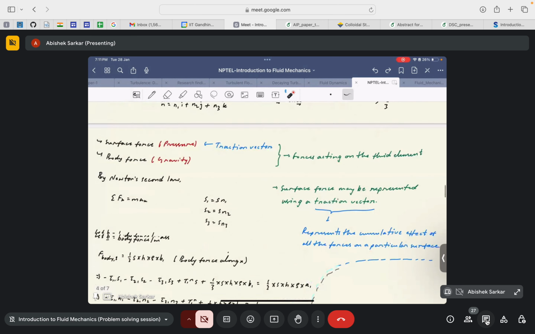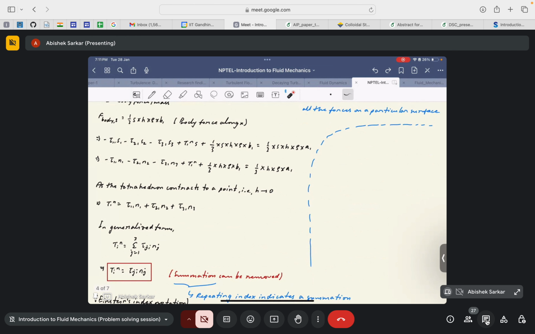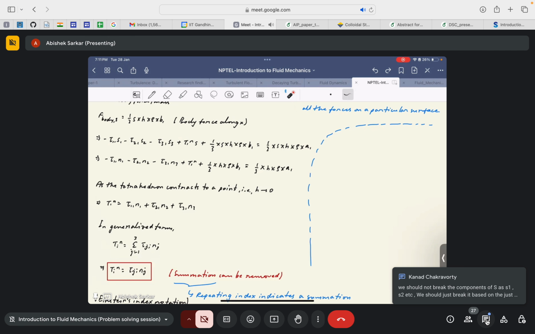So keeping that in mind, we do the force balance along the x1 direction to get minus tau 11 S1 minus tau 21 S2 minus tau 31 S3 plus tau 1n, the traction vector along the surface S, plus one-third S into h into rho into b1 is equal to one-third S into h into rho into a1, considering the fluid particle can be in motion.